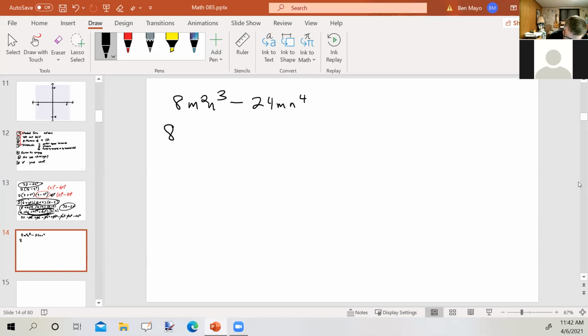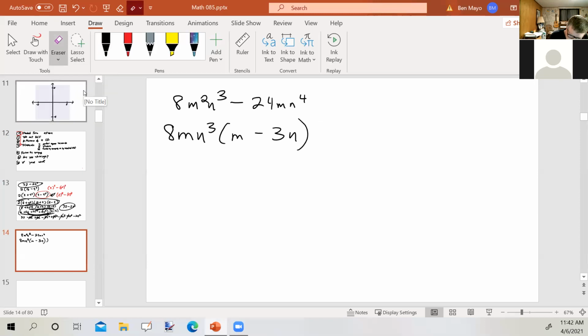Okay, anything more? 8m and 3. Good, 8m n cubed. So what do I have left? m minus 3n. I think that's all that's left. Yep. And m minus 3n, even though it's a binomial with a subtraction sign, is not the difference of two squares. Okay. All right. Any questions on that one?